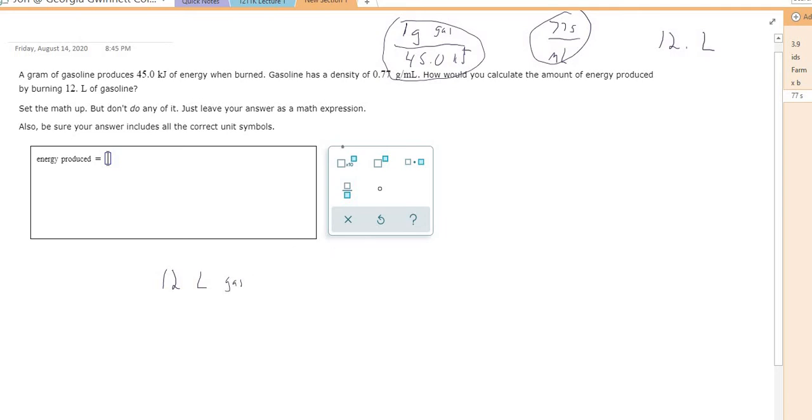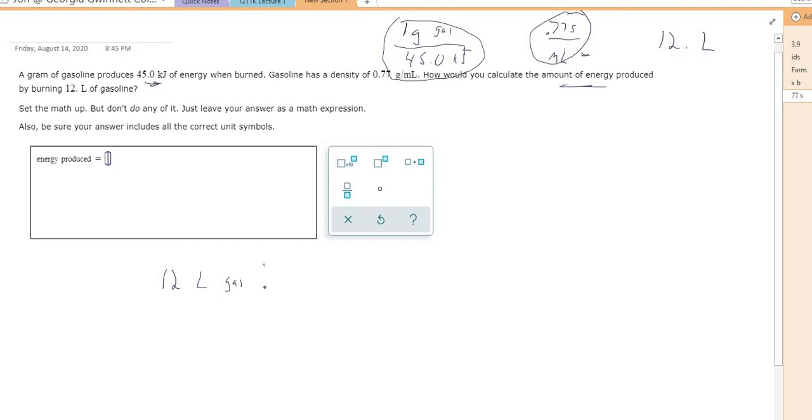Okay, and I'm trying to get to how much energy is produced, and that energy is given by these kilojoules of energy. Okay, and so I know that I have liters. Well, I don't have any liters in my conversion factors, but I do have a volume in terms of milliliters.